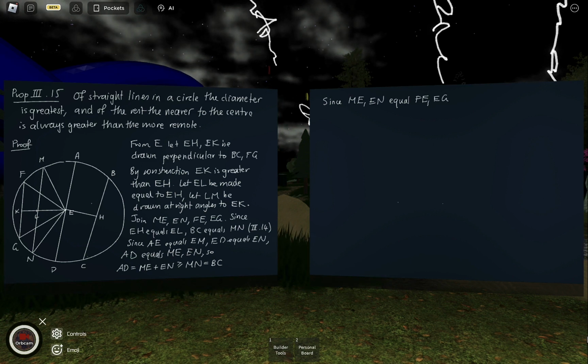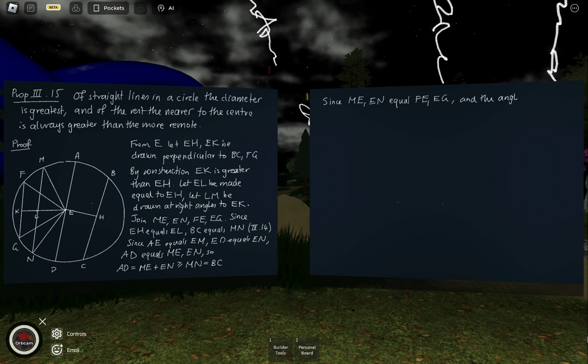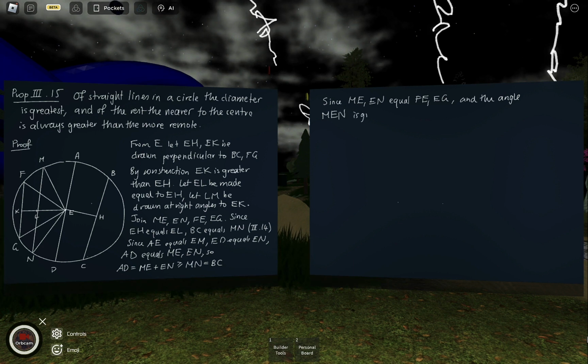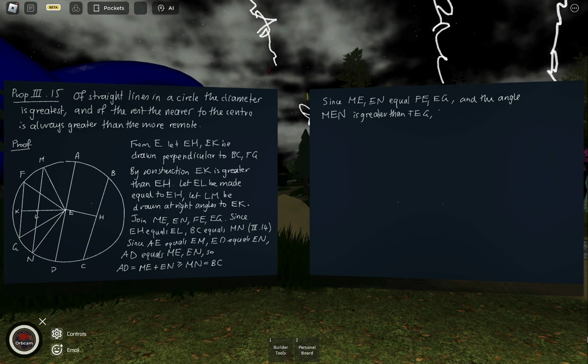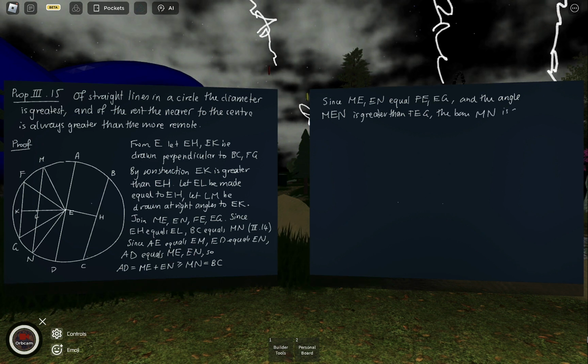Because they're all radii, and the angle MEN is greater than FEG, the base MN is greater than FG.